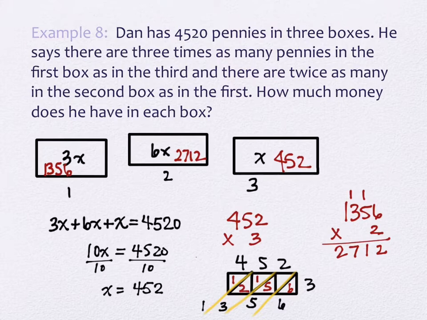So let's actually write out to the side over here our answers. How much money is in box 1? $4.52. Whoa, that was box 3. That's what I meant to do. I'm sorry. I'll go back. We'll do box 1 first. What was box 1 again? $13.56. Thanks.